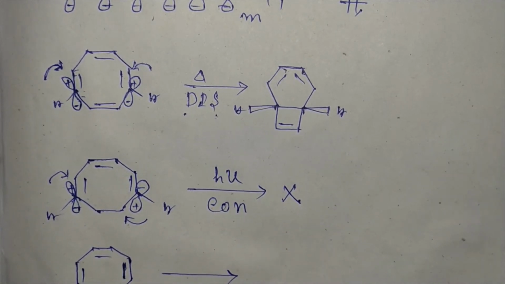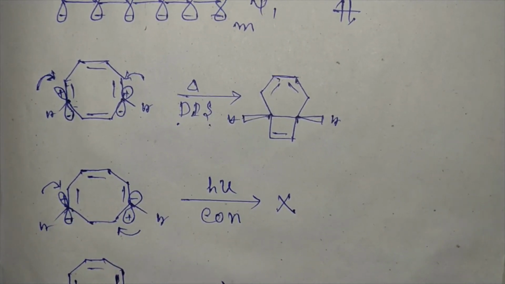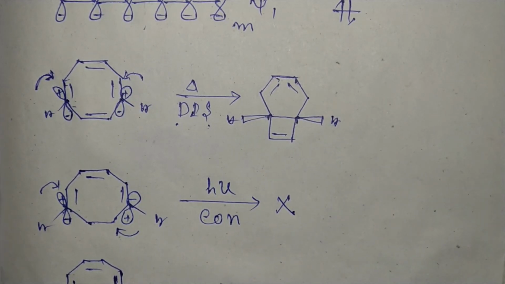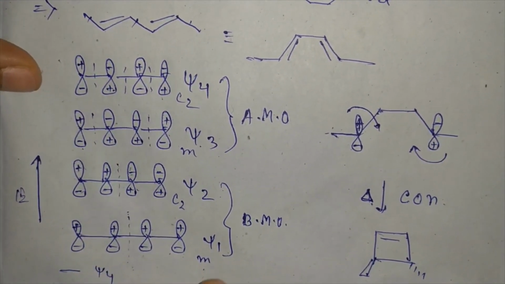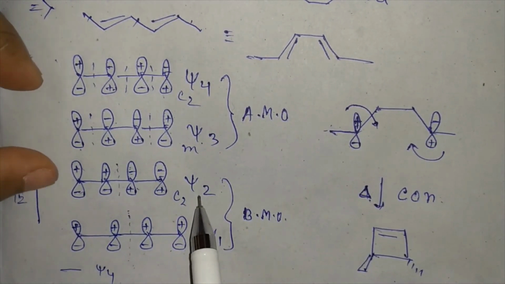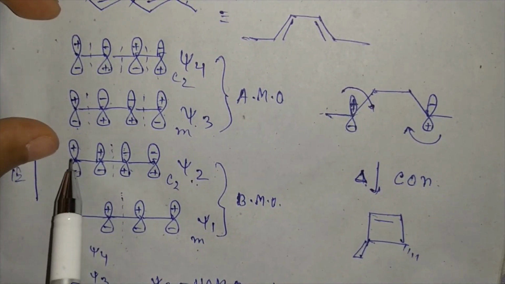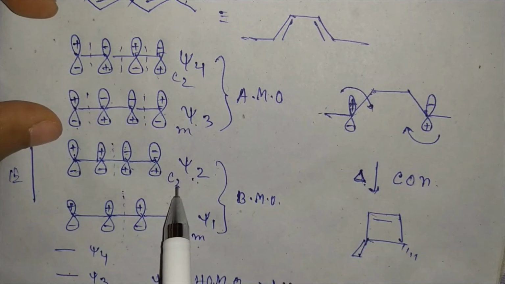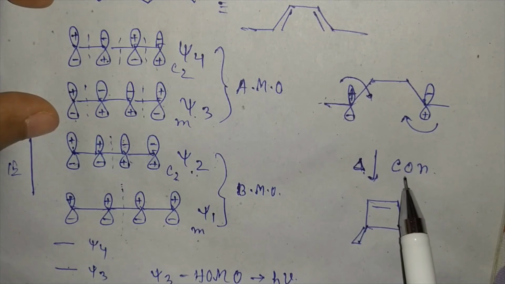So for this diene system, for this cis product, we will again construct the molecular orbitals which we had done earlier. Here are the molecular orbitals. So for thermal conditions, psi 2 will be the HOMO. So psi 2 has C2 symmetry.